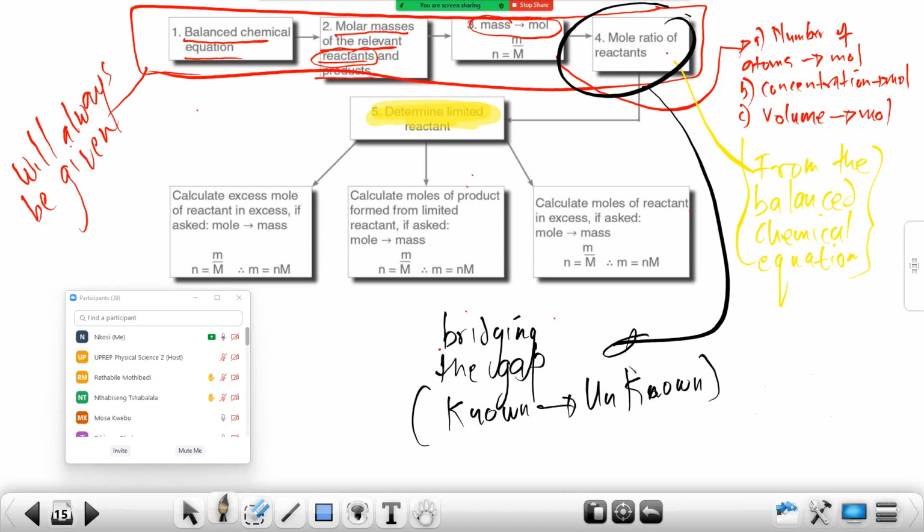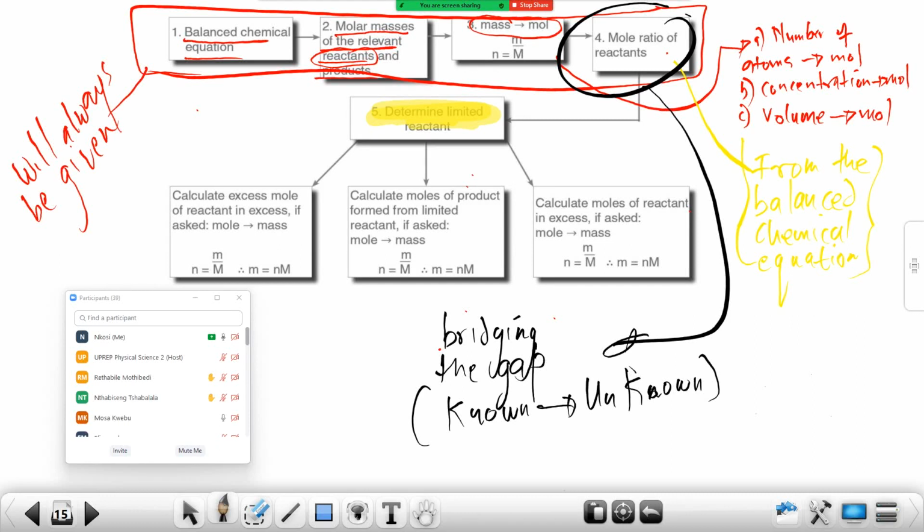That is where the molar ratio comes in. So if I am given this information, how do I link it with the question? I can only link it through bridging the gap or crossing the bridge. You can say all these nice words, but at the end of it all, we want to move from the known to the unknown.